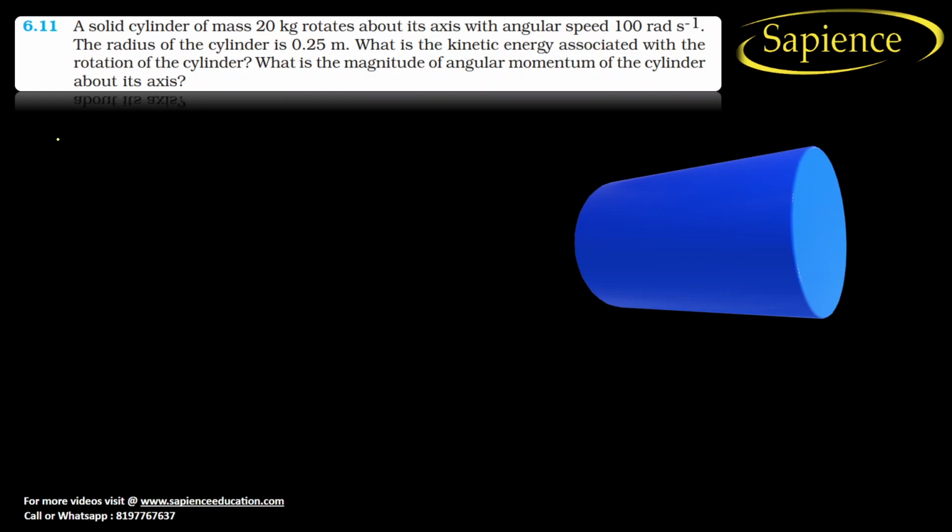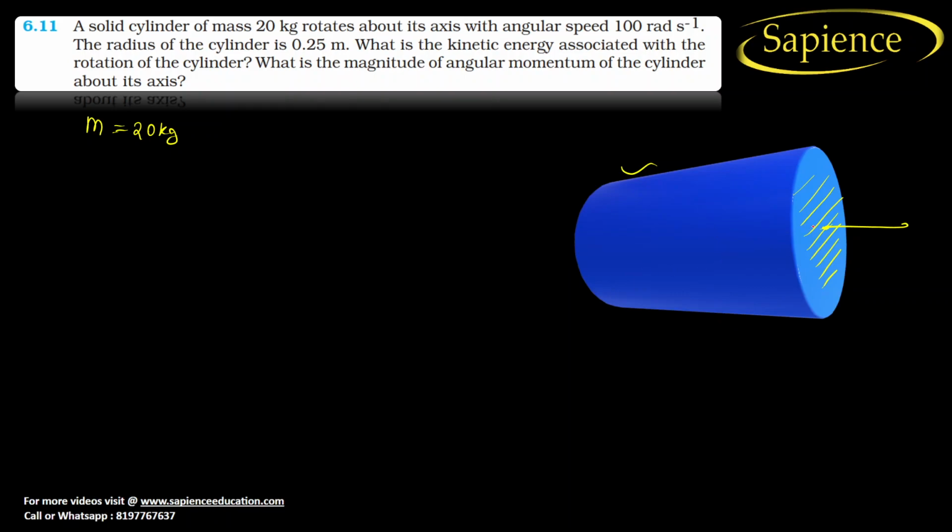In this question, they have given a solid cylinder of mass 20 kg. In this figure, this is the solid cylinder, the whole is covered with mass, so the mass is 20 kg. It rotates about its axis.